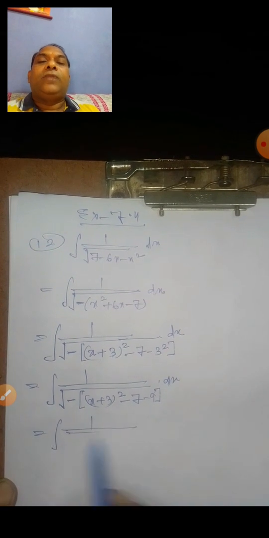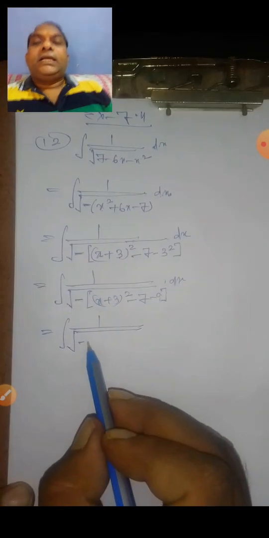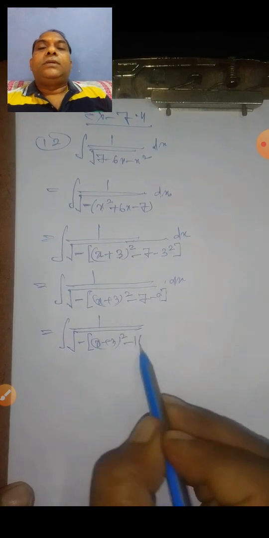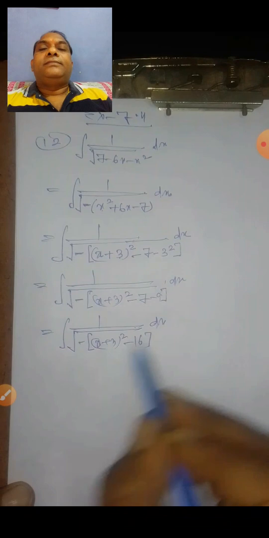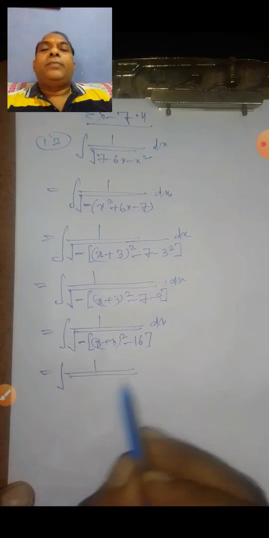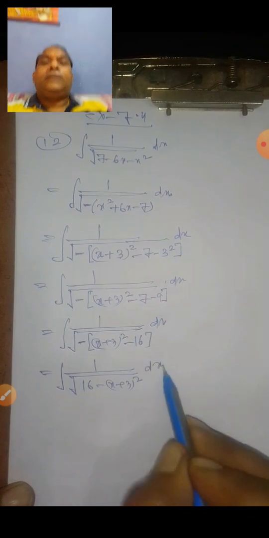So 1 upon root of minus ((x plus 3) whole square minus 16). Now use the negative sign. So 1 upon root, you can write 16 minus (x plus 3) whole square.